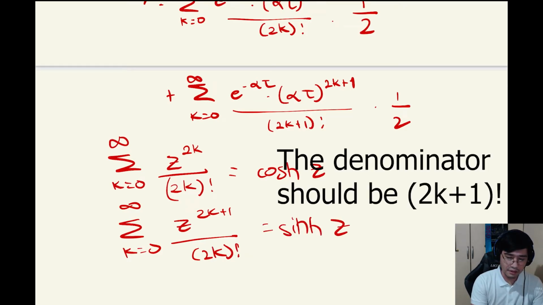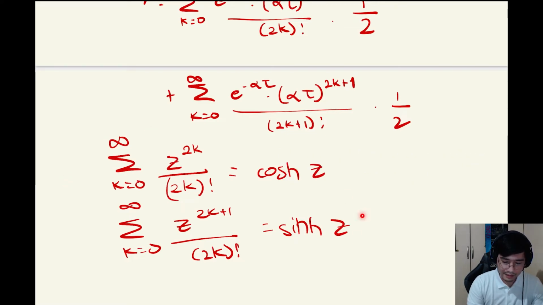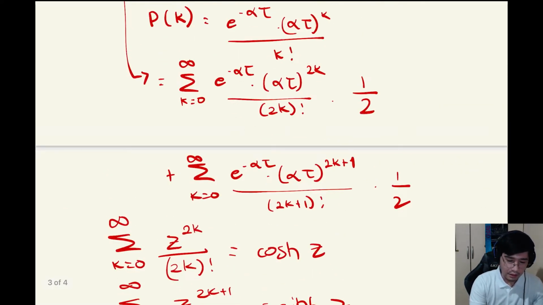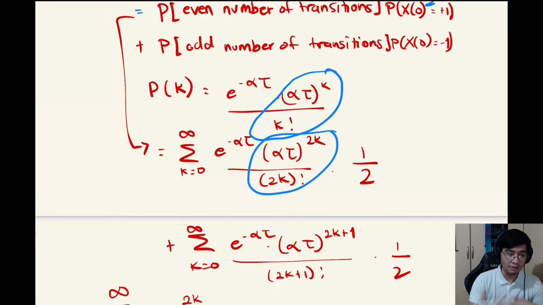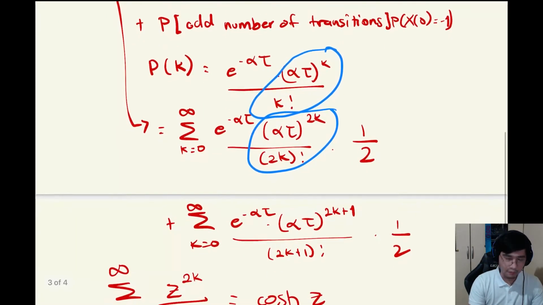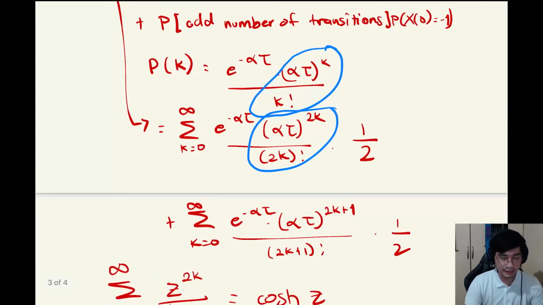So we can use this property to simplify this one. Okay? Just take note that this property only applies to this, right? And then we bring e to the negative alpha tau outside, since we are only summing over the variable k.